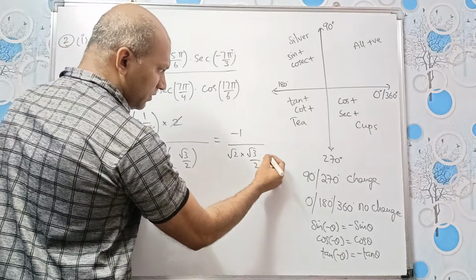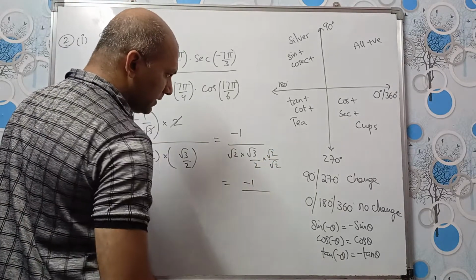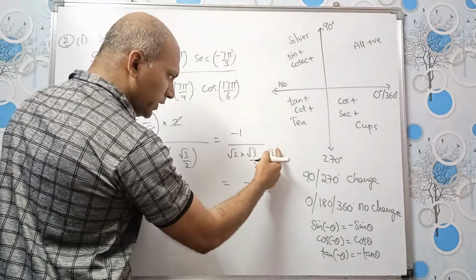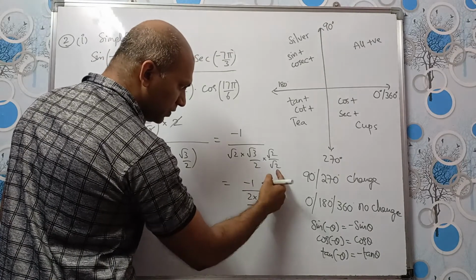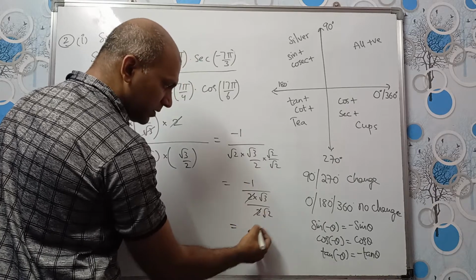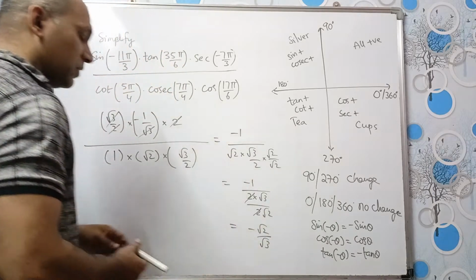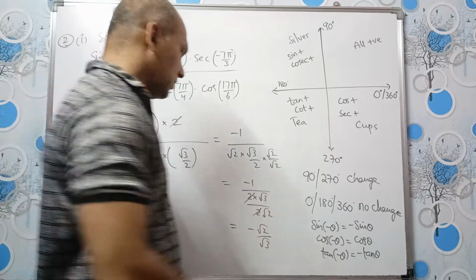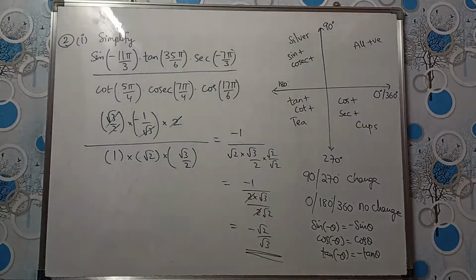If you rationalize this, this will be minus 1 by root 2 into root 2 is 2 multiplied by root 3 divided by 2 root 2. So 2 will get cancelled, right? So this will become reciprocal. It will be minus root 2 divided by root 3. Okay, yes, this is the answer for this question.